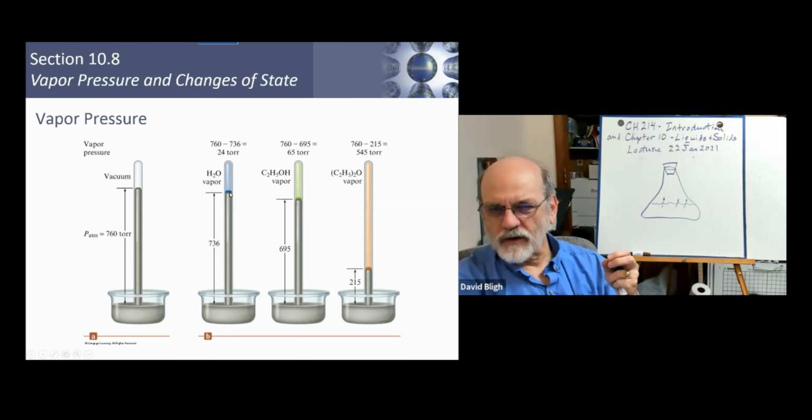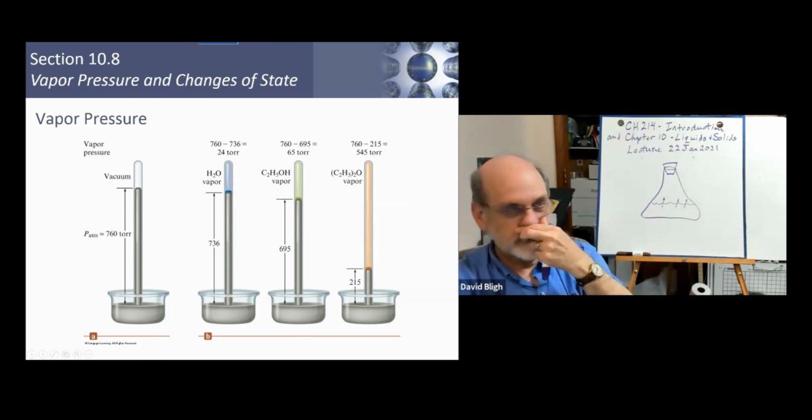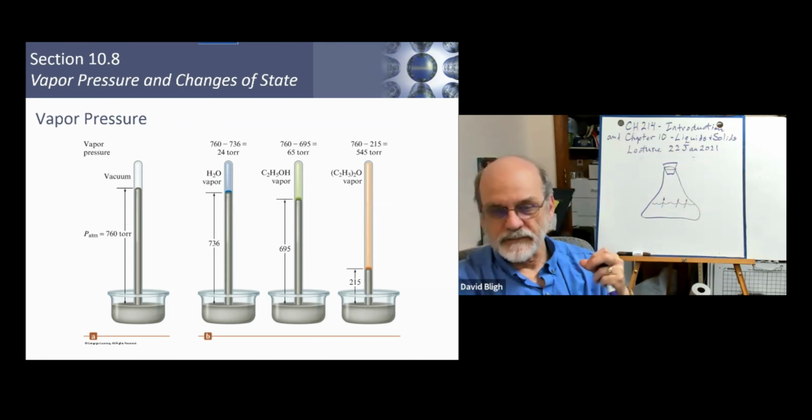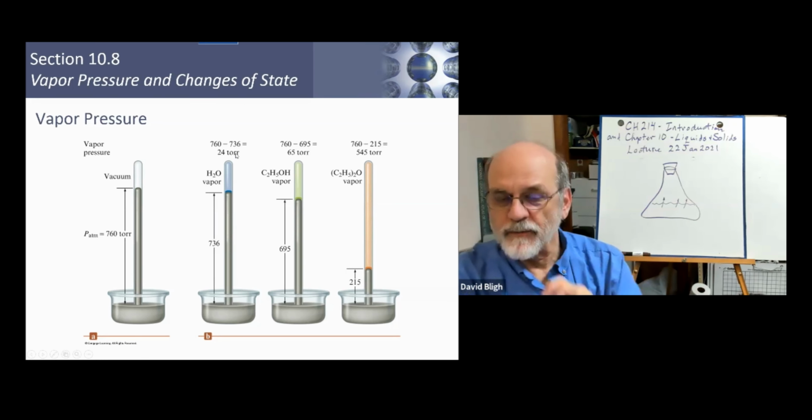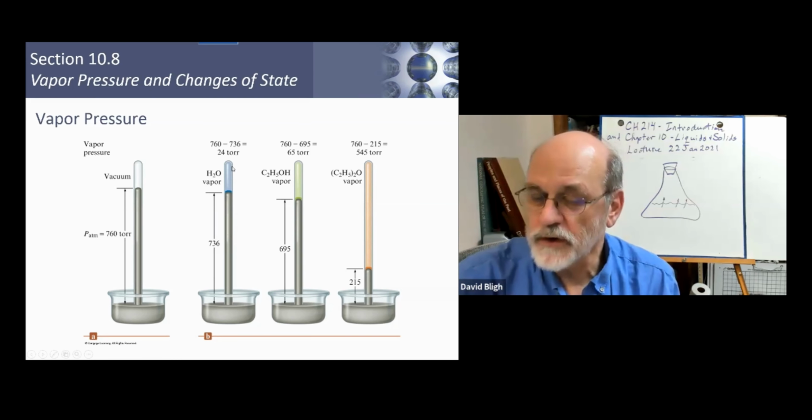If you put a little water up here, and we keep the temperature the same for everybody, then at standard temperature, which I believe is 25 degrees, there will be enough water vaporized here to decrease the reading on your barometer to 736 torr, which is a difference of 24 torr. So the vapor pressure of water at this temperature is 24 torr.